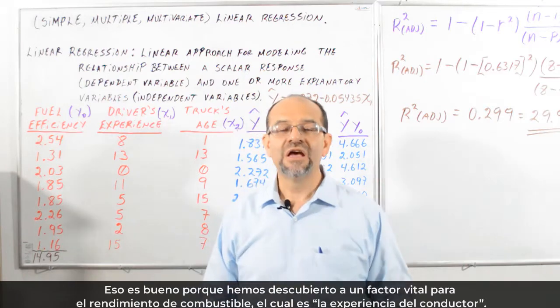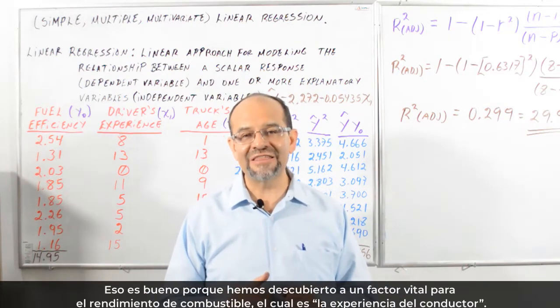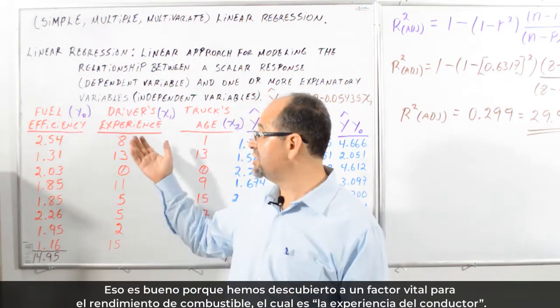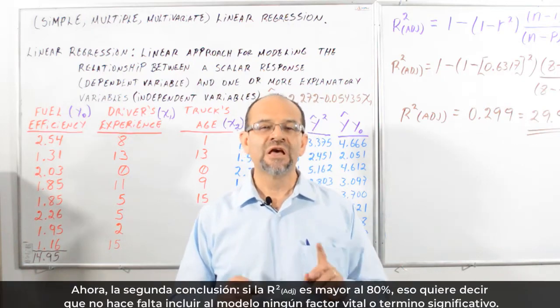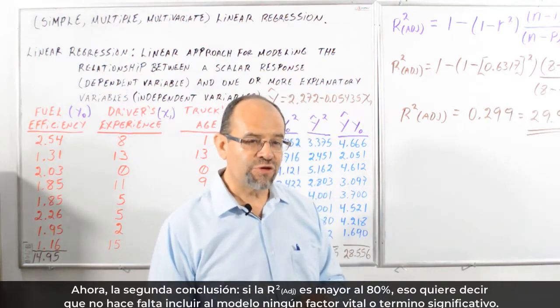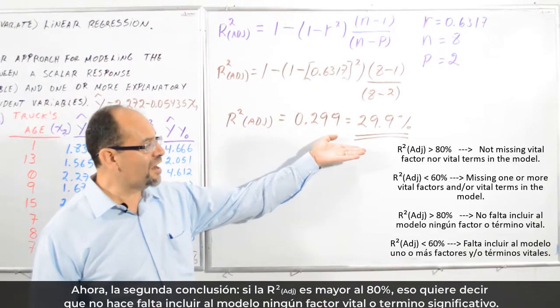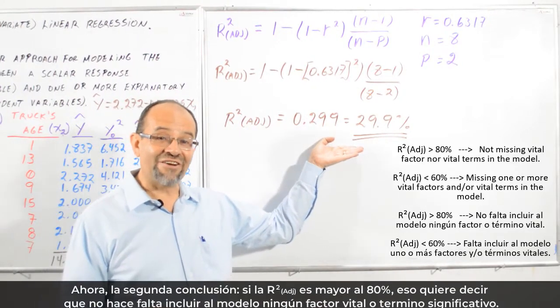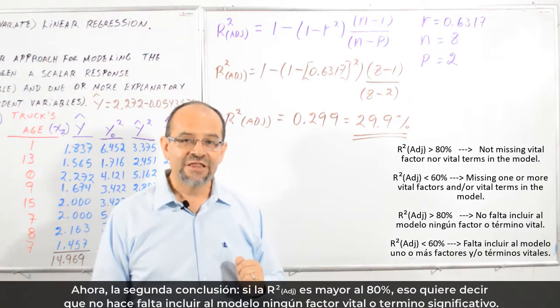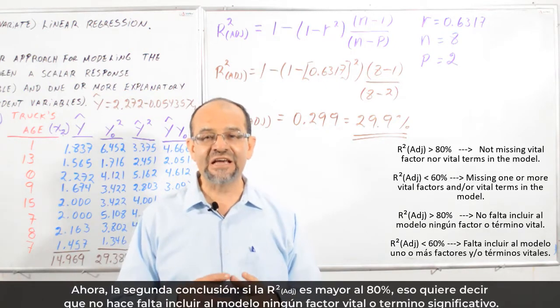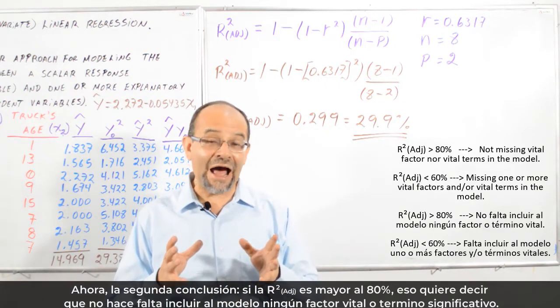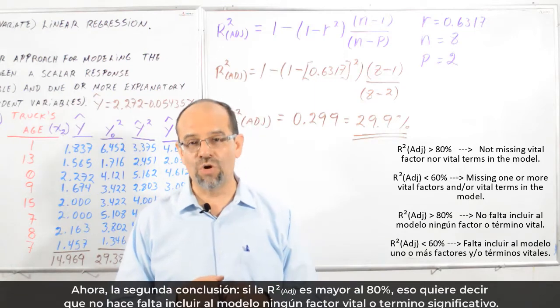That's a good thing. We have discovered a vital factor for fuel efficiency, which is the driver's experience. Now, second piece of information. If the R-squared adjusted is greater than 80%, that means that we are not missing any vital factor and significant term in the model.